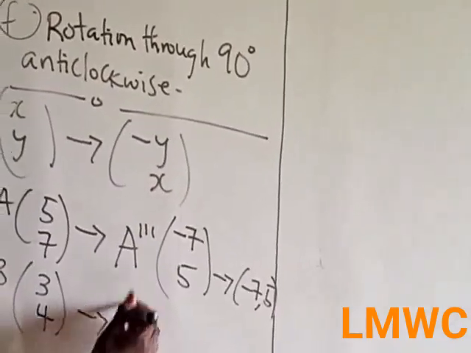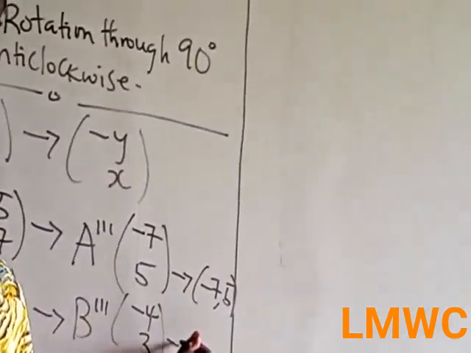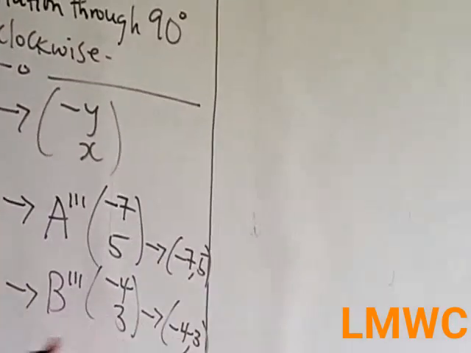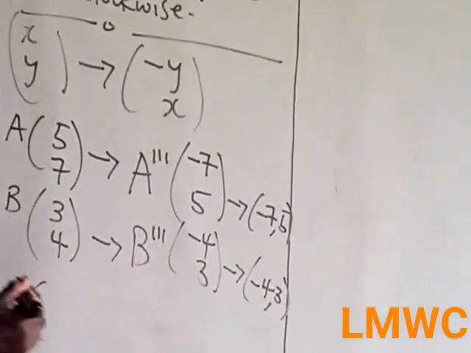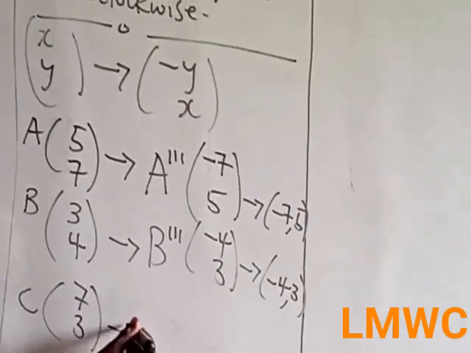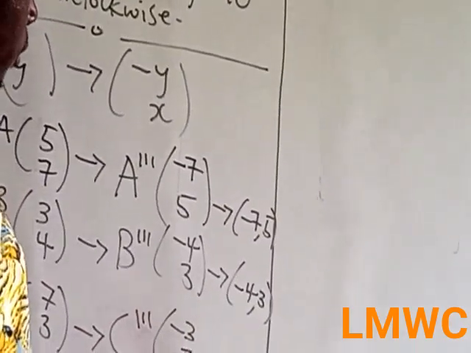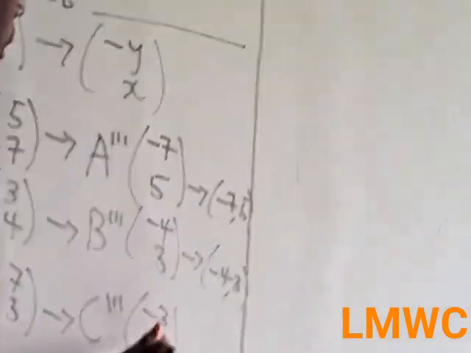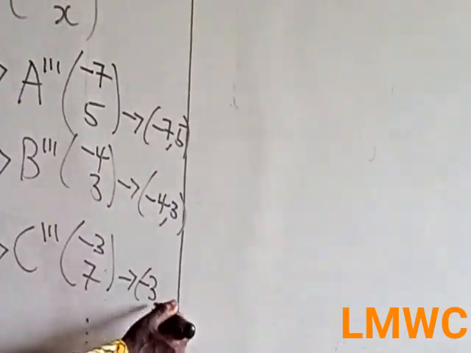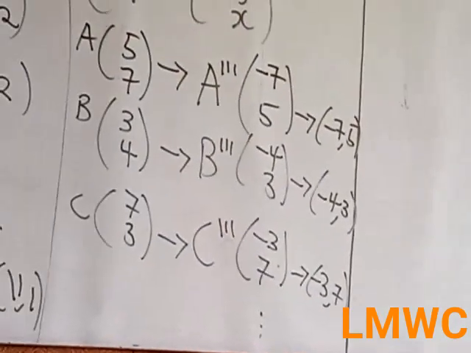So it becomes negative 4, 3. C is 7, 3. So C3 becomes negative 3, 7. So in coordinates it is negative 3, 7. So I'm done with my working.